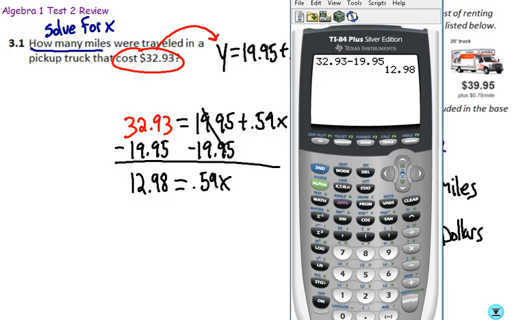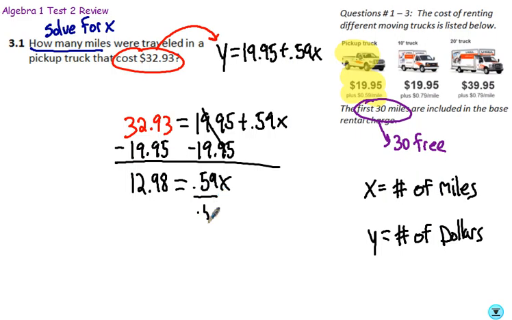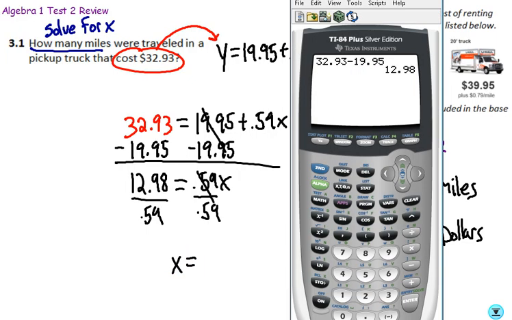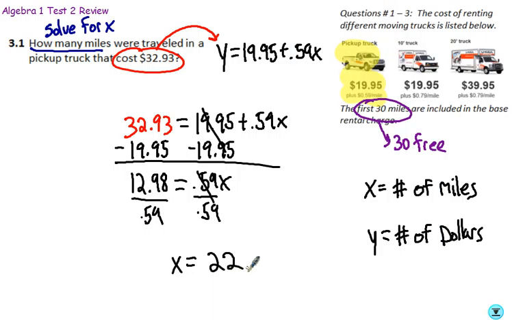So to figure out how many miles that was, then we'll just divide 12.98 over 59 cents. So when we go to divide that, let's do 12.98 divided by 0.59, and we get 22.